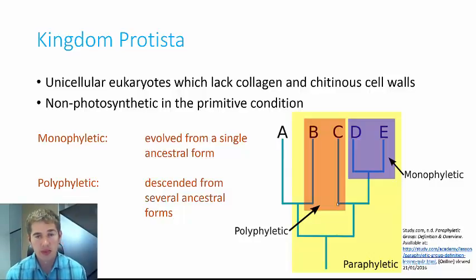So the kingdom Protista is a very broad group which was originally comprised just because people didn't know where else to group these organisms. So everything that wasn't a plant, an animal, a fungus or bacteria was grouped as a protist, although this definition has since narrowed down a little. So these groups of organisms may not necessarily share the same ancestral form, so they're called a polyphyletic group.